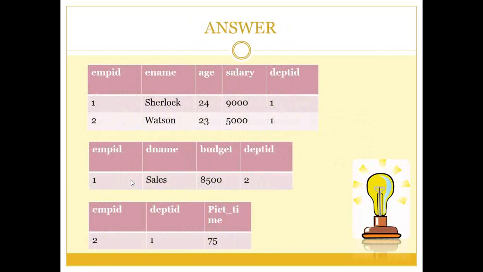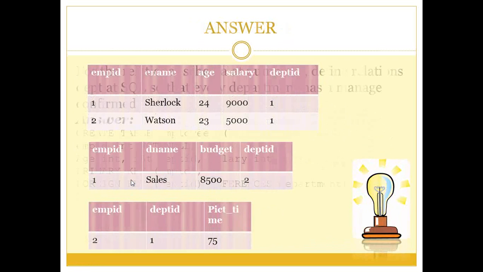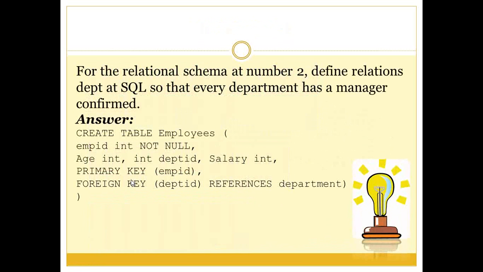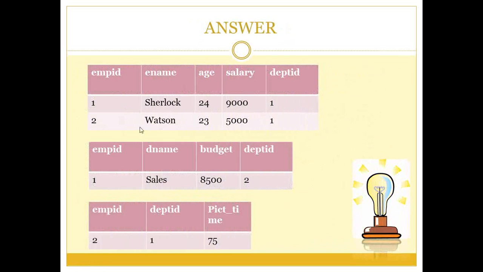Here's the answer. We have 3 tables. We have the table, for example, the first table, second table, and third table.